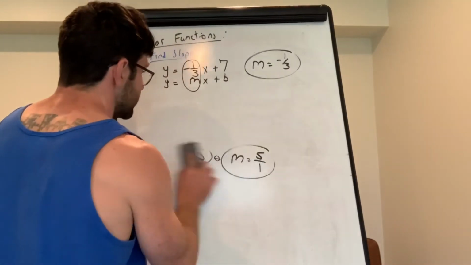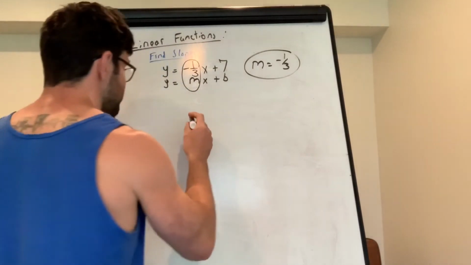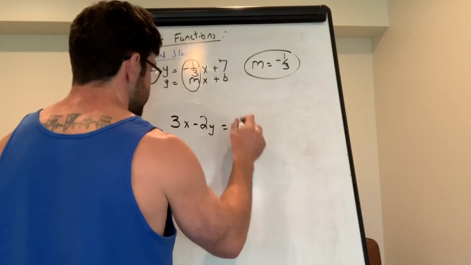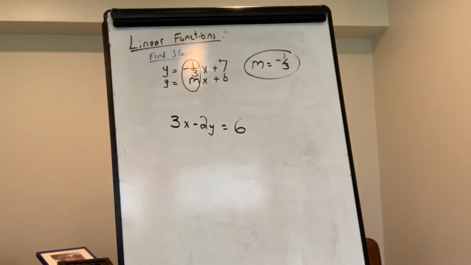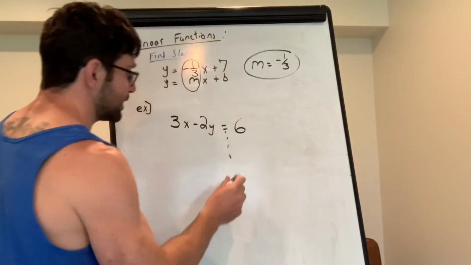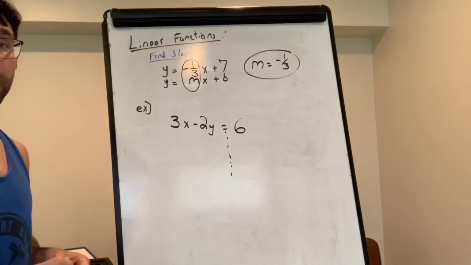Mr. H, what happens if it's not in slope-intercept form? Great question. 3x minus 2y equals 6. This is why, if you remember back a couple weeks, we did literal equations. The goal is to get it into slope-intercept form.